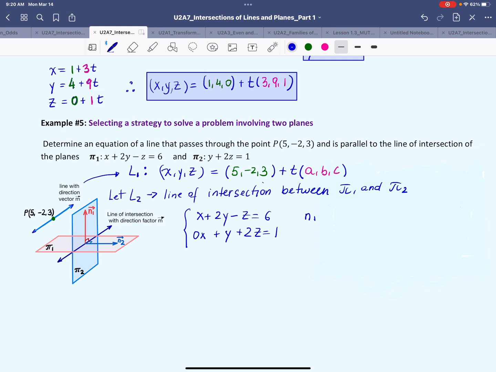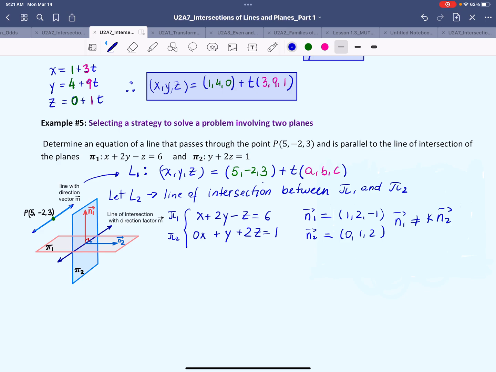So the normal n1 for plane pi 1 will be (1, 2, -1). And the normal n2 for plane pi 2 will be (0, 1, 2). As you can see, there is no relation between n1 and n2, so they're not scalar multiples of each other.